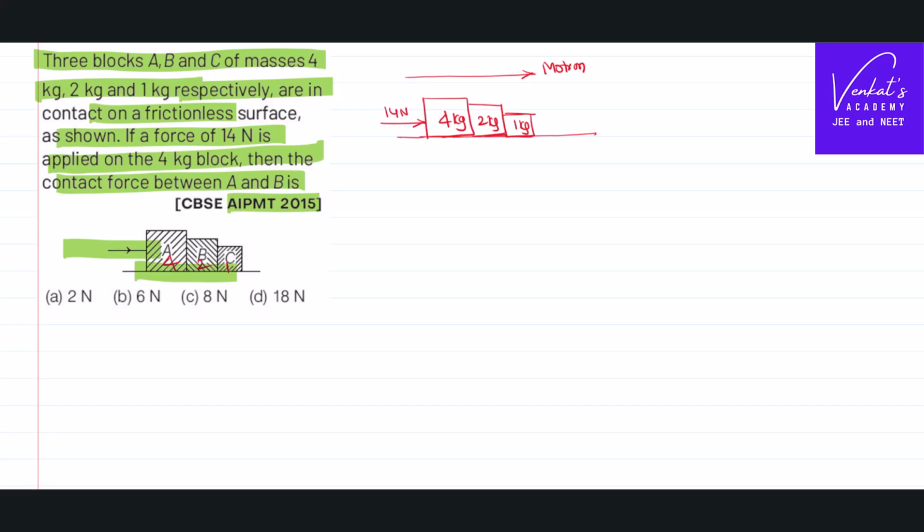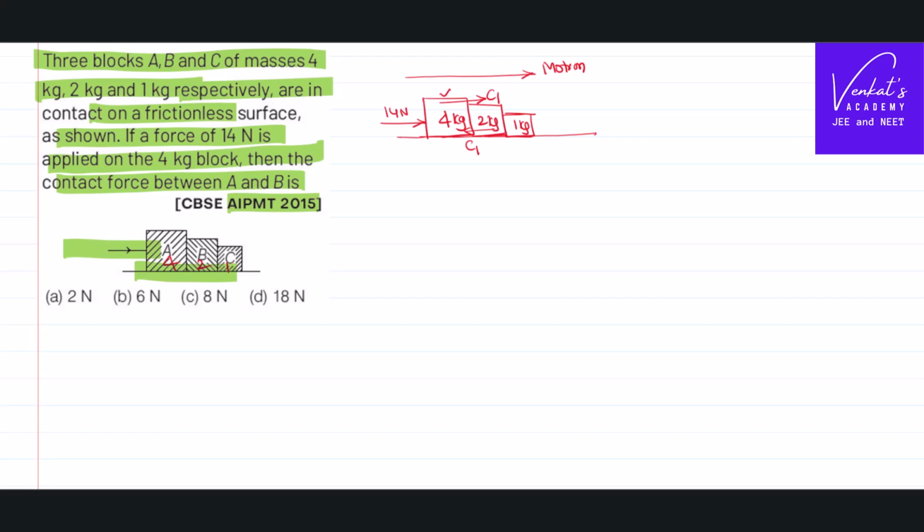What happens is this 14 Newton acts on 4 kilogram and it pushes the 2 kilogram block with a force. Let me call that contact force C1. That's an action. The 2 kilogram block then will apply a reaction of the same magnitude but in the opposite direction.